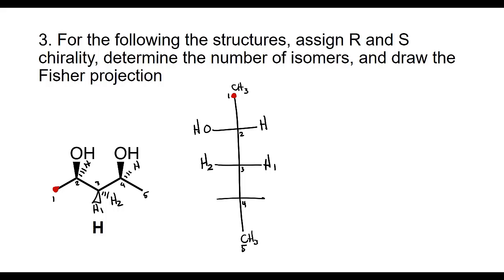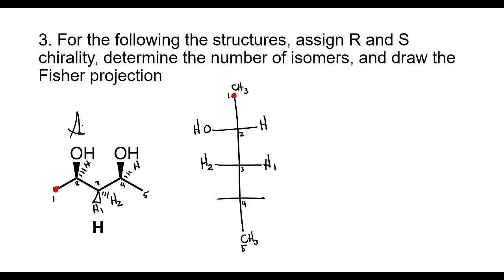Which means that for carbon 3, I need to switch my perspective and look this way. Remember, my perspective is with the direction of the point. Pointing up means I look from the top. Here's a little trick that'll help you guys.